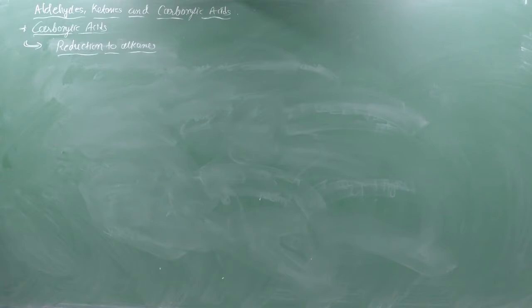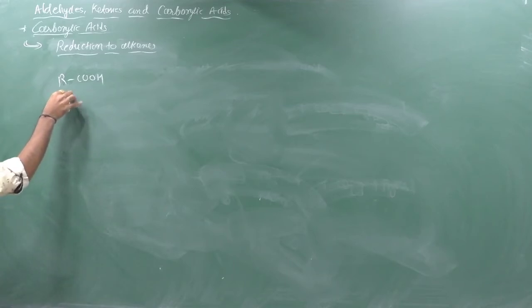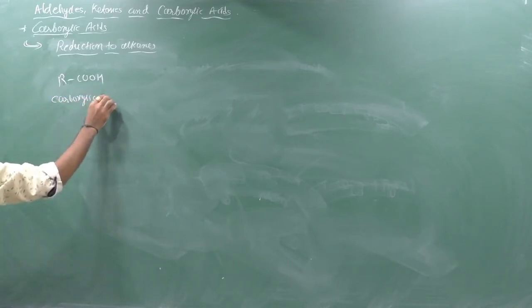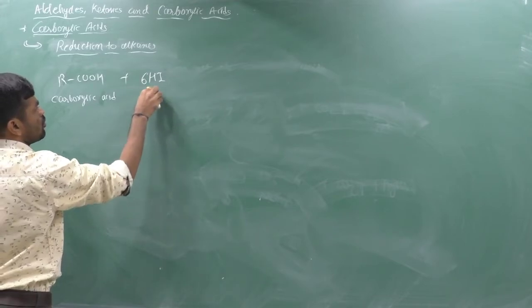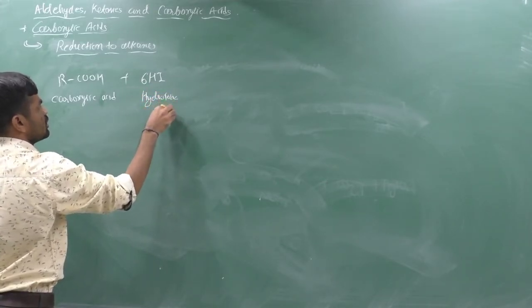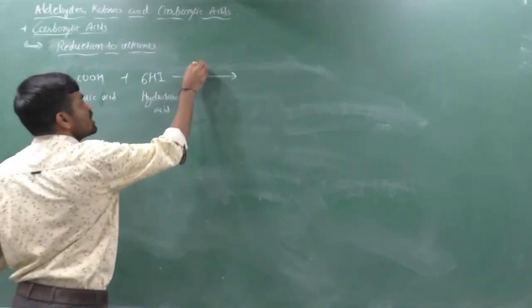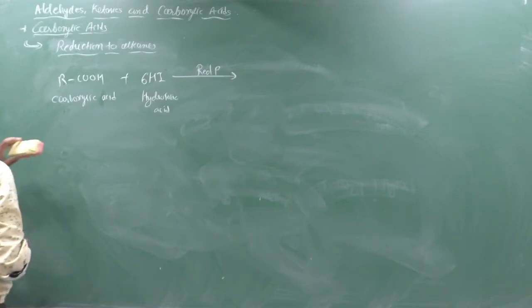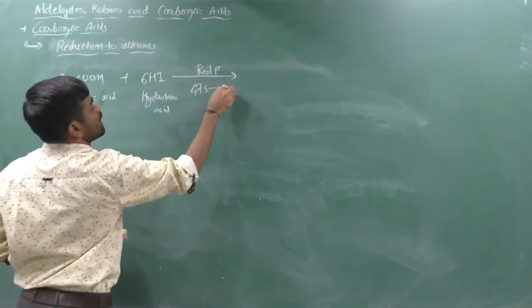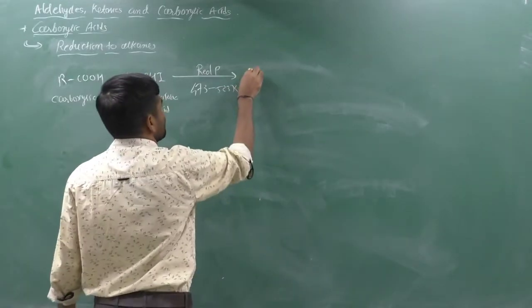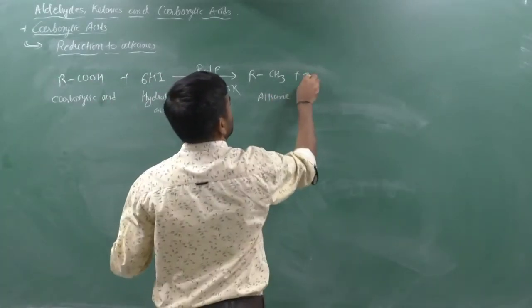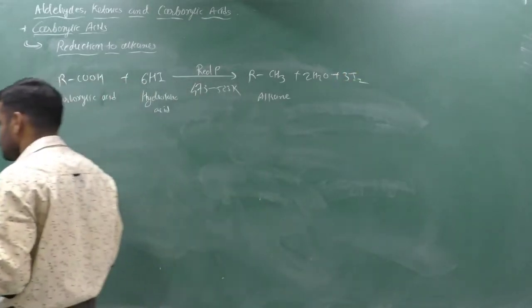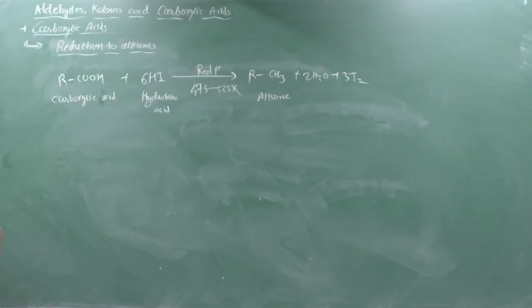Carboxylic acid on reduction with HI, hydroiodic acid, used 6 times, in the presence of red phosphorus at a temperature of 473 to 523 Kelvin, gives the product RCH3, which is an alkane, and the byproducts are H2O plus I2.